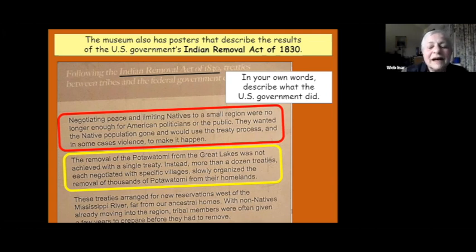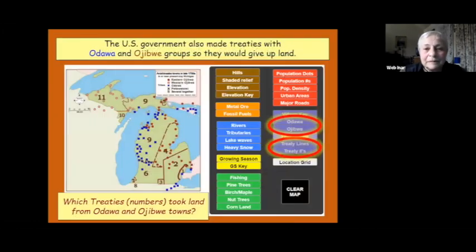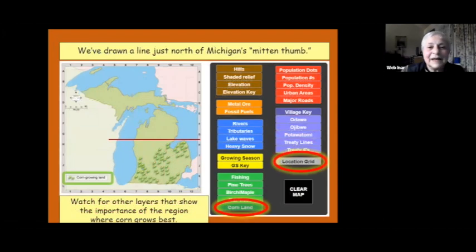Gloria Wellen, an author, writes a small chapter book about one of the removals. The other, Odawa and Ojibwe. Okay, sorry. So I think I can stop there because we're running short of time, but that's an example of a story that could be told in the lower grades.